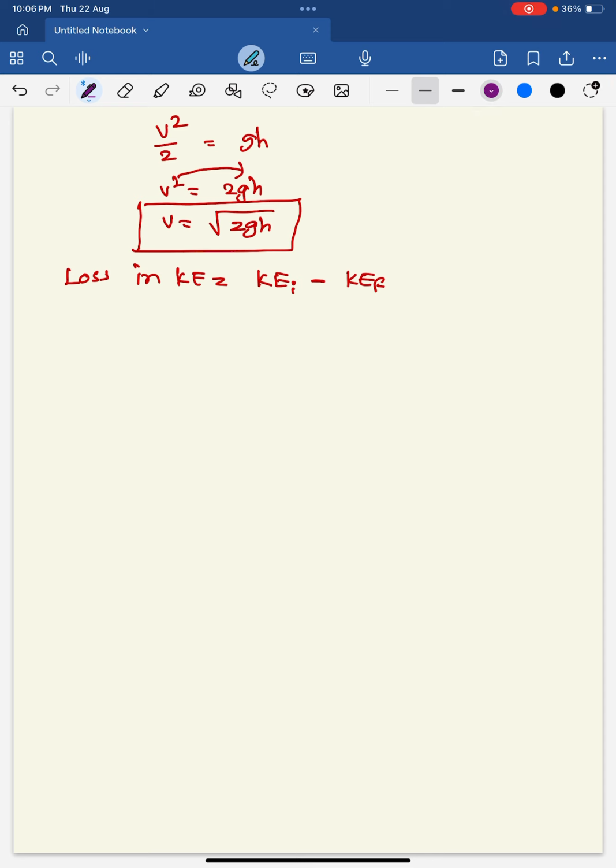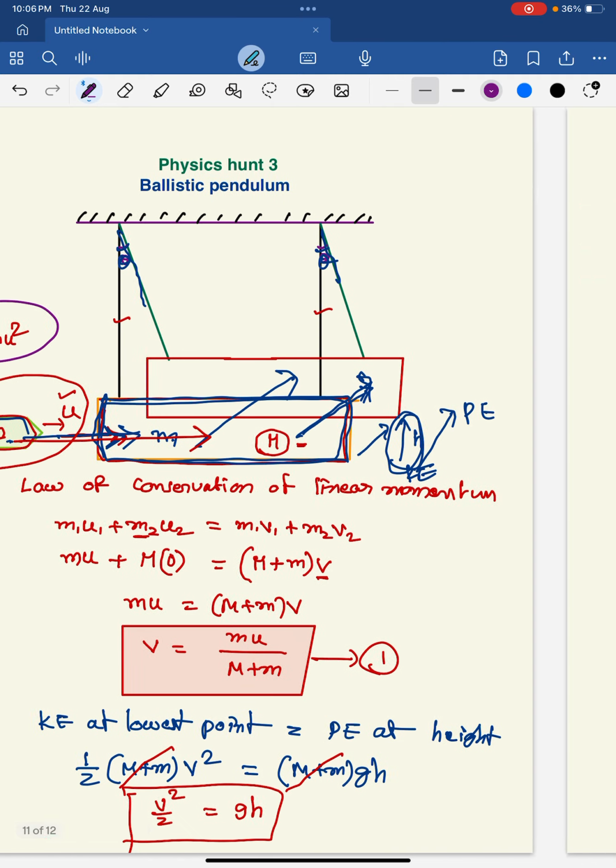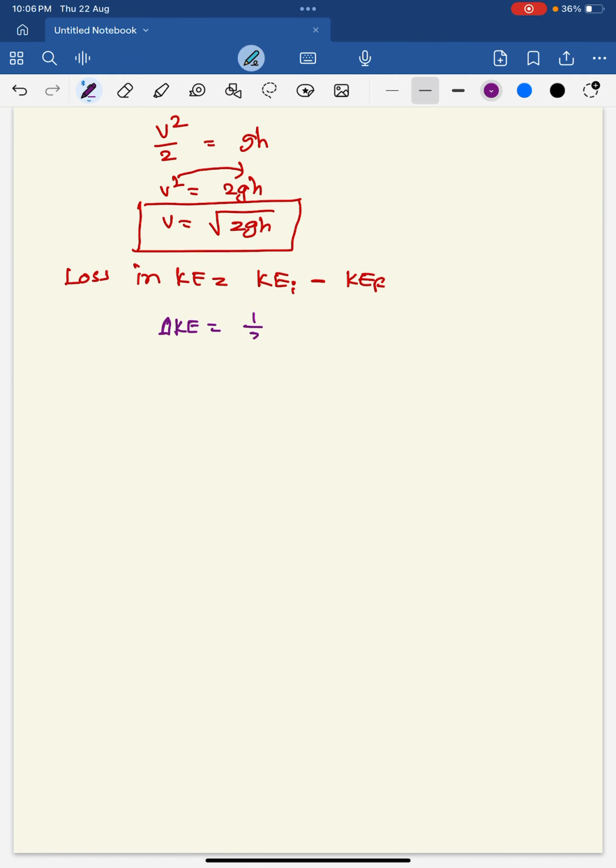So the loss in kinetic energy, delta KE, is equal to the initial kinetic energy of the bullet, which is half mu square, minus the final kinetic energy.